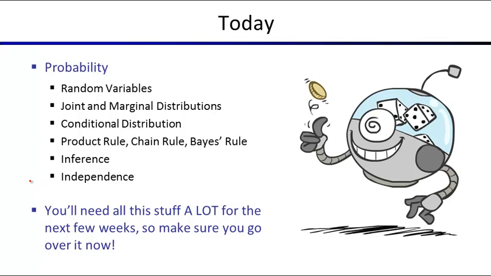Today we're going to cover, in some sense, everything we're going to cover in the next 4 weeks. Every concept we're going to see in the next 4 weeks we're going to see today. But what we're not going to do yet is worry about computational complexity. People knew about probability a long time ago, and it turns out that efficiently computing with probability distributions over large numbers of variables is very tricky.